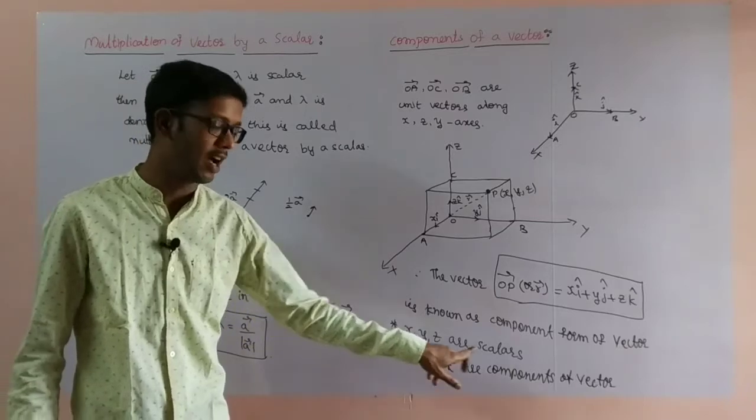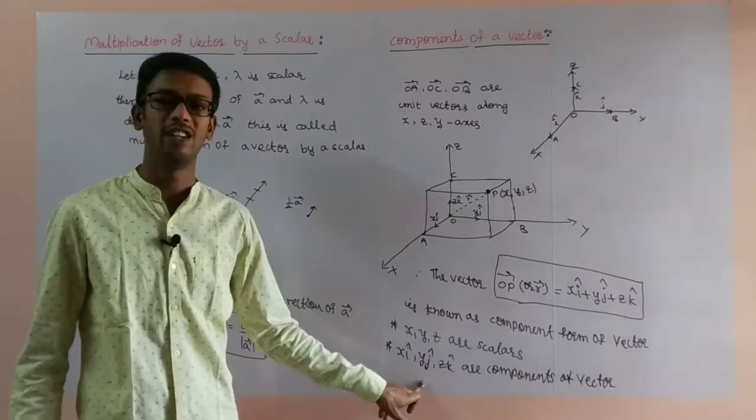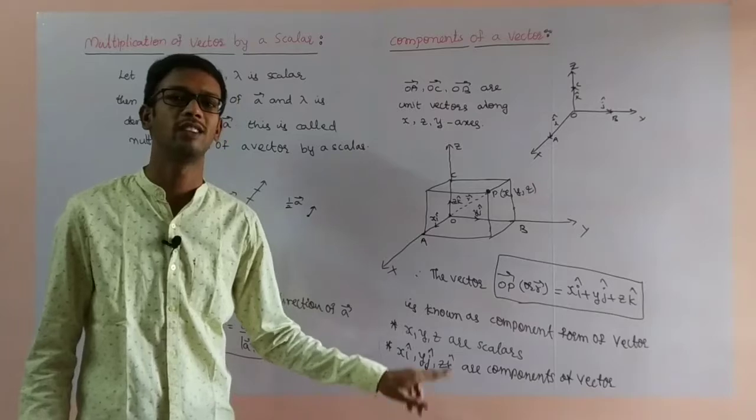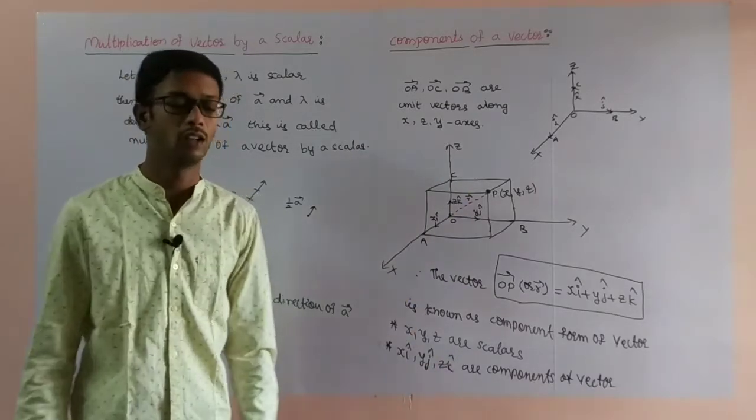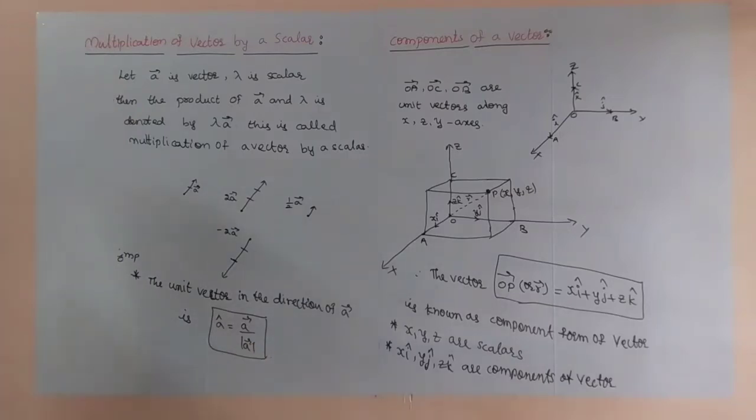X, y, z are scalars. Xi, yj, zk are the components of the vector along the x-axis, y-axis, z-axis. So pause the video to note it down.